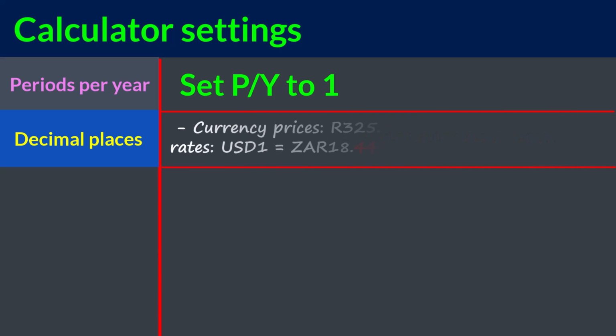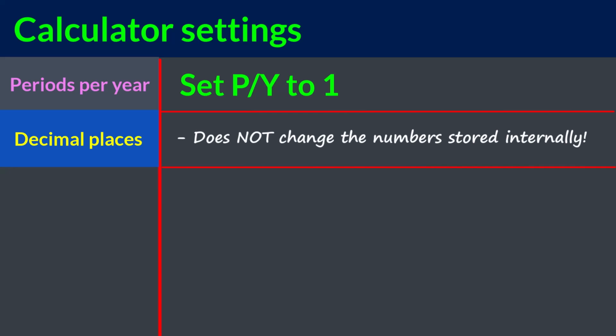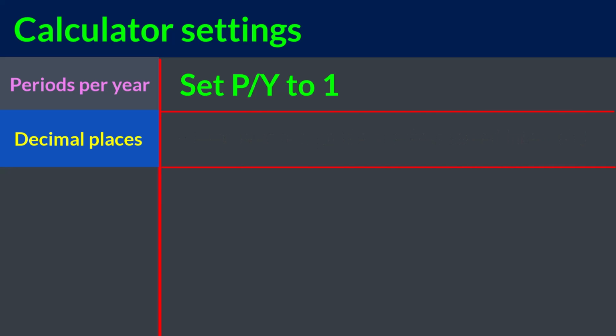For example, rand or dollar prices are typically quoted to 2 decimal places, bond yields to 3 decimals, and forex rates to 4. This setting does not affect the actual numeric values stored internally by your calculator. In other words, the numbers are not rounded when you change the number of decimal places to display. There is no loss of precision.